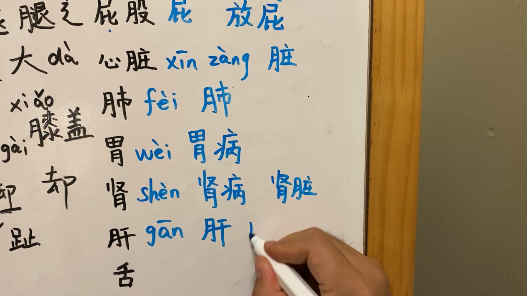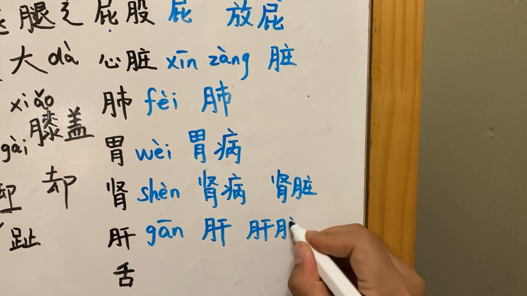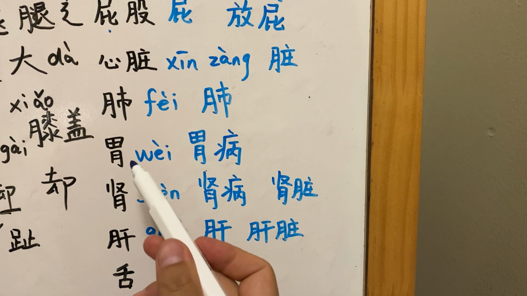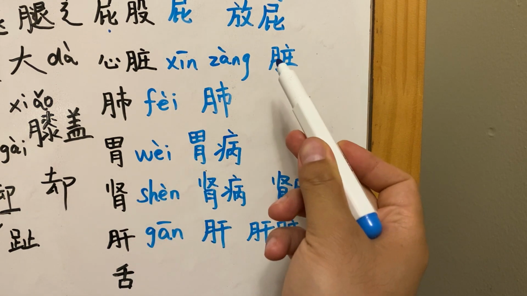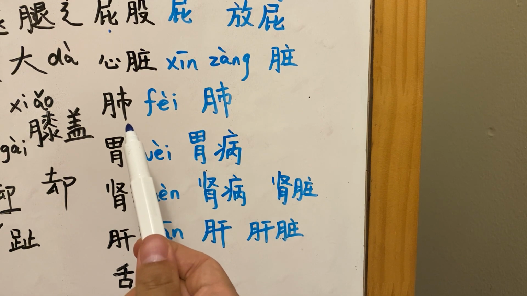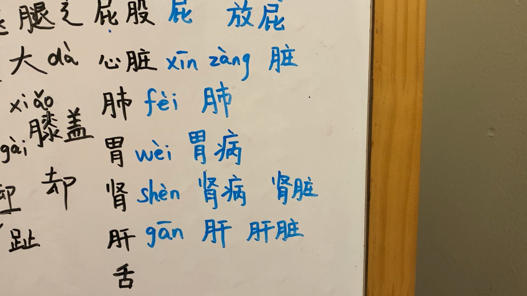And you can say 肝脏, liver, your liver. But we don't say 胃脏, this stomach. We don't use this 胃 together with 脏, no. Not 胃脏, but 胃. And 肺, lung. We don't say 肺脏, only 肺, the lung.